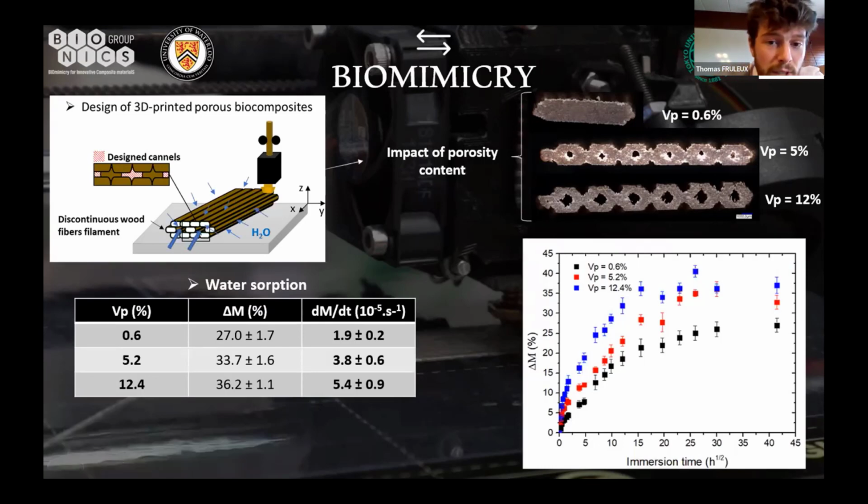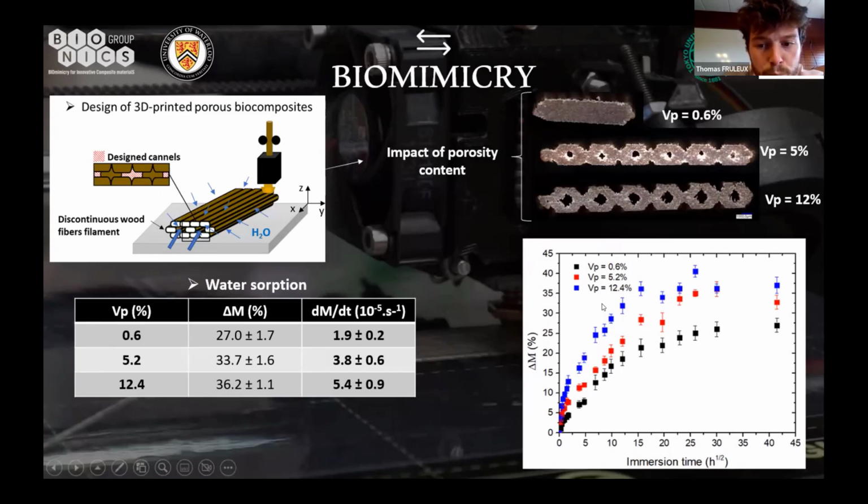And so the first point that we needed to understand is how it affects the water sorption. Here I took the same scheme, but you have to imagine the same material totally immersed in water. And so the water can go through the tissue directly, but also through the canals. And what we got as a result is that here you can see the evolution of the moisture content as a function of the immersion time.